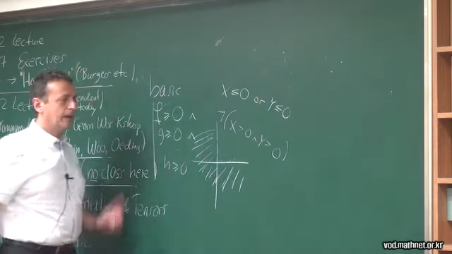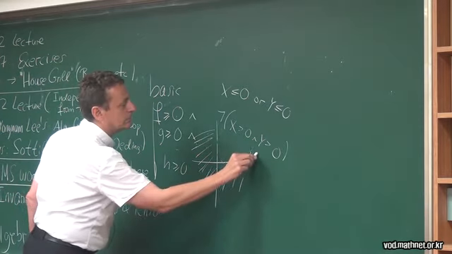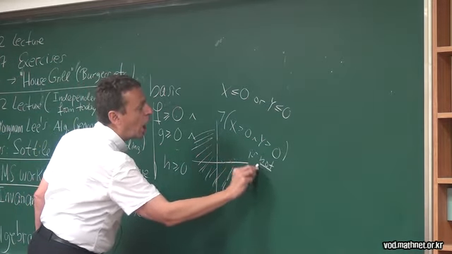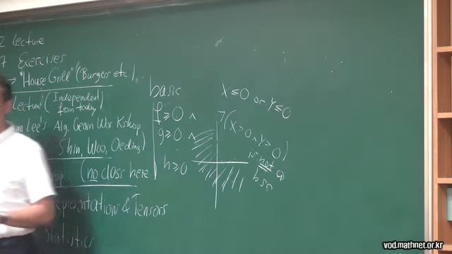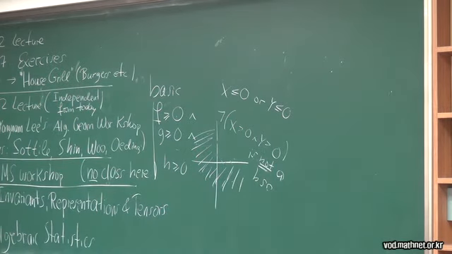I claim that this is not a basic semi-algebraic set. So you take 3 of the orthants in the plane, and that is not a basic semi-algebraic set. Let's think this through. Suppose you could write this as the solution set to f greater equals 0, g greater equals 0, and so on.